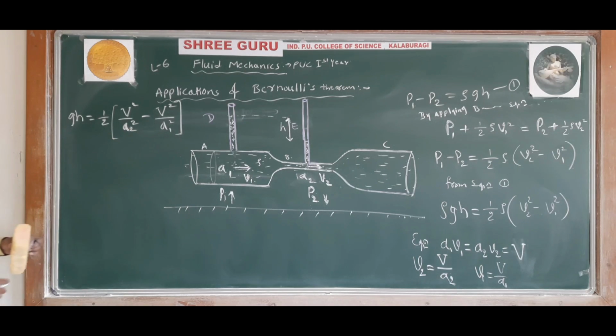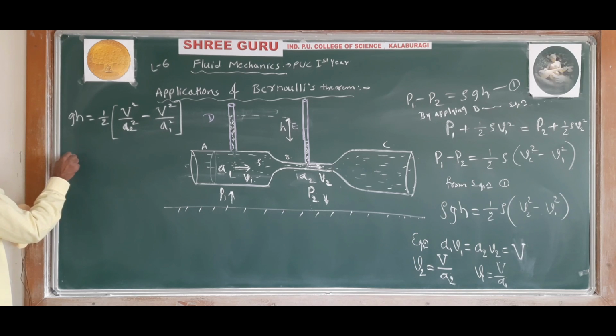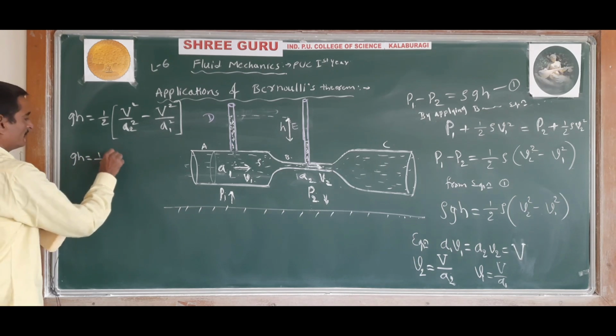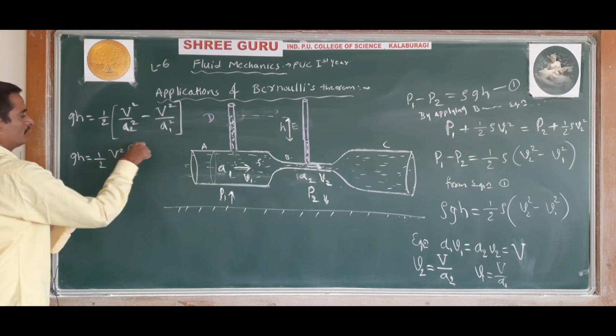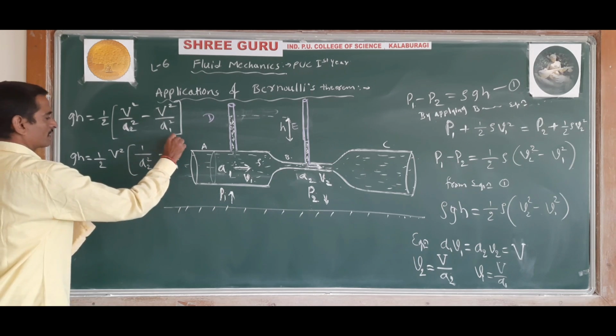Understood this equation? Okay. So now take capital V square common, so you will get GH is equal to 1 by 2 V square times 1 by A2 square minus 1 by A1 square, right.